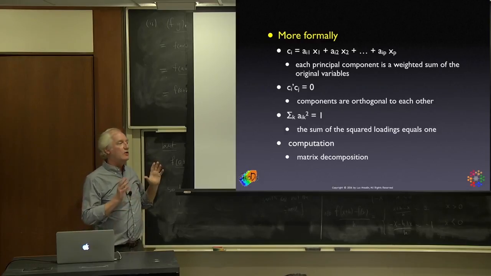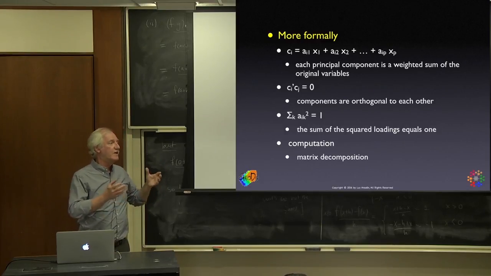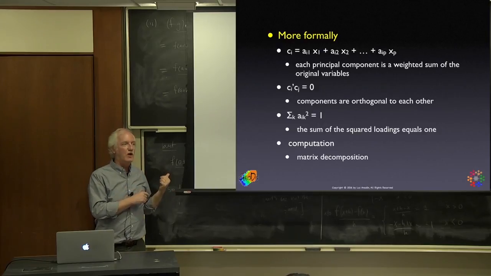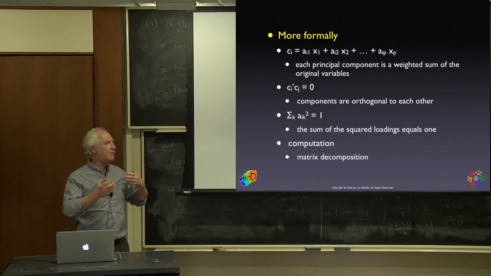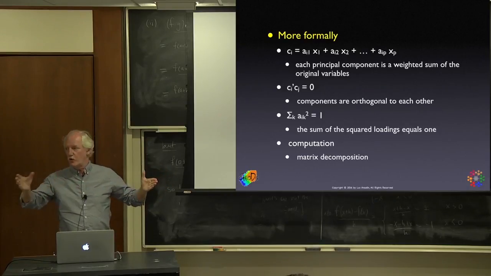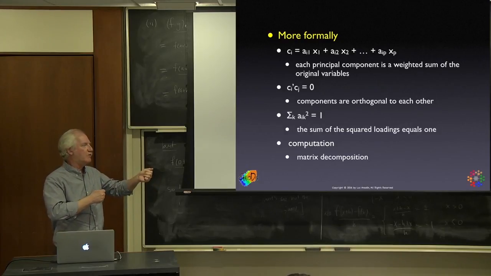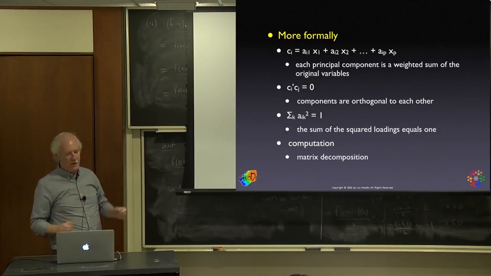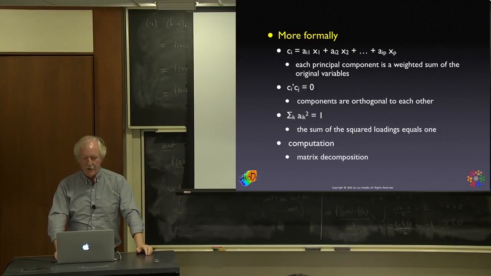In other words, your components are easier to identify. Of course, in the extreme, you're back to where you started, and each component is the original variable. So it's this tension between giving a weight to all of them versus giving a weight to only one of them, and then we're back to square one. We have to be somewhere in between, and that's an optimization problem like everything else.